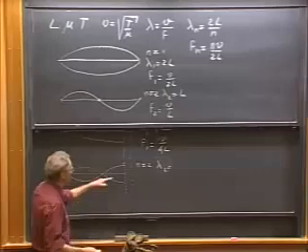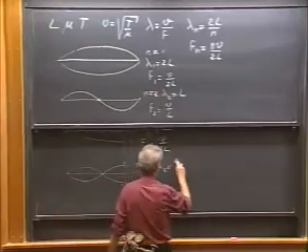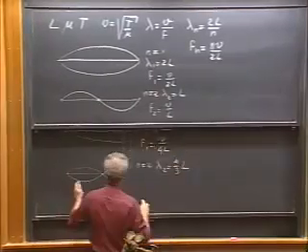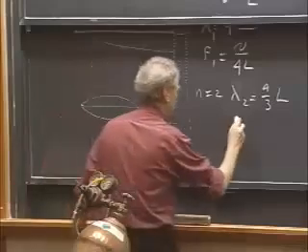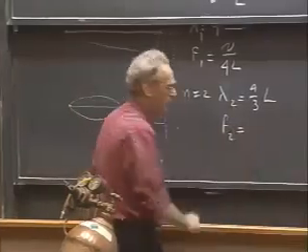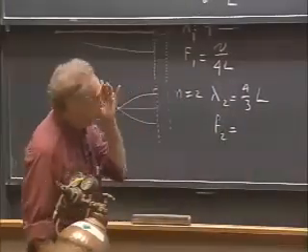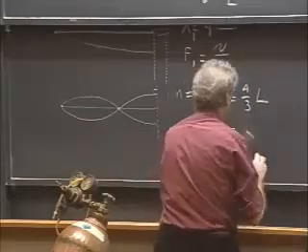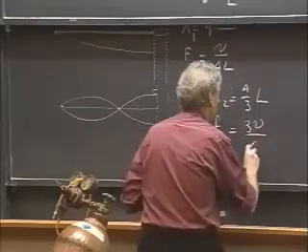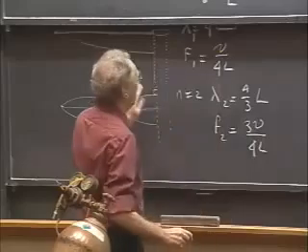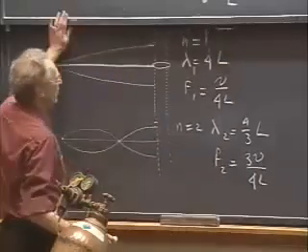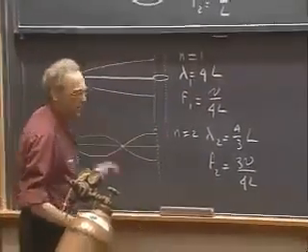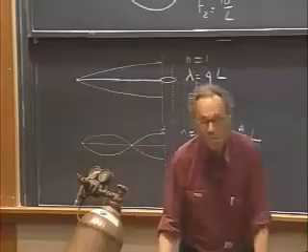Lambda 2 is 4/3 times L. Right? You need to make it longer. And therefore, F2 is now 3V divided by 4L.